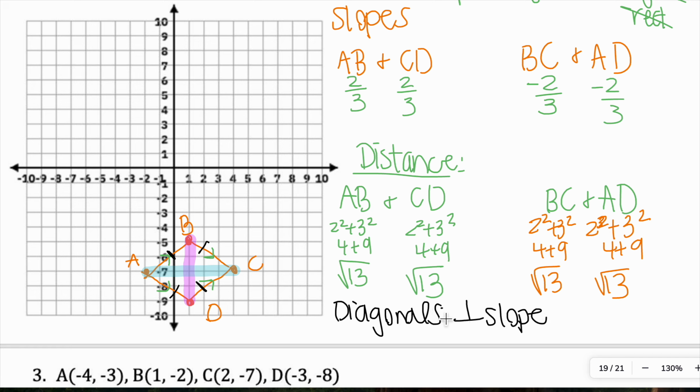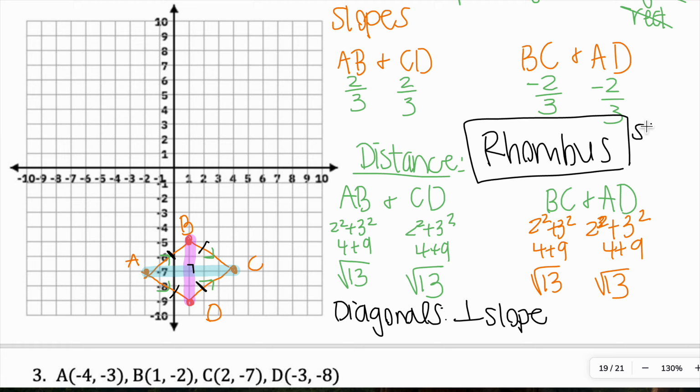And we know that a rhombus has a perpendicular diagonal intersection. So this would be a rhombus because I have same sides and diagonal is perpendicular. Okay?